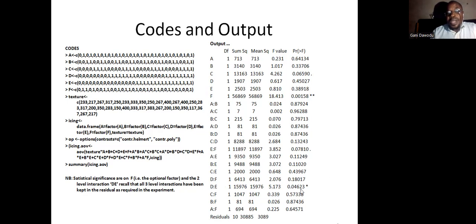And mind it, the residual is loaded because all 3 level interactions are supposed to inflate it. So this is the pertinent analysis of variance. And I'm sure if you follow the explanation, you will be able to reuse this code for your particular analysis.